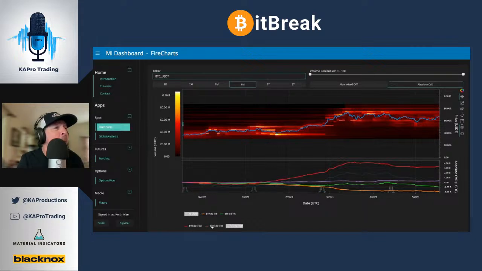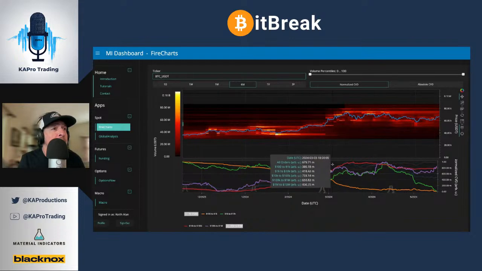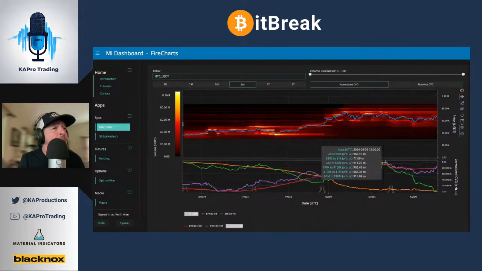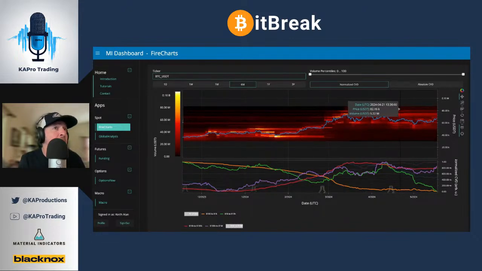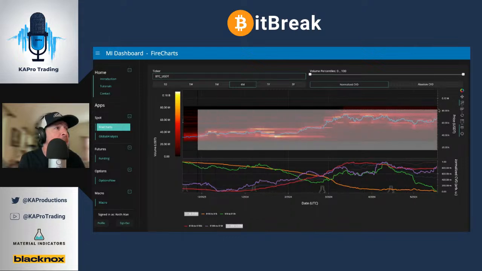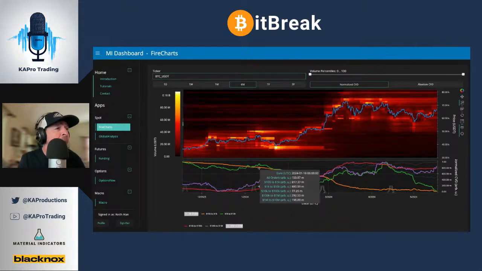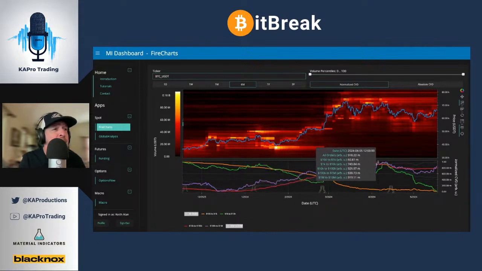Purple here, purple whales. Let me go back to normalized so you can see their view better. The purple whales really have been the most dominant class for Bitcoin price action since we've been doing this. We've been looking at this for over 4 years, and purple has really had the most influence over Bitcoin price movement.